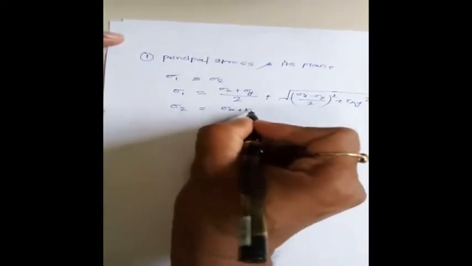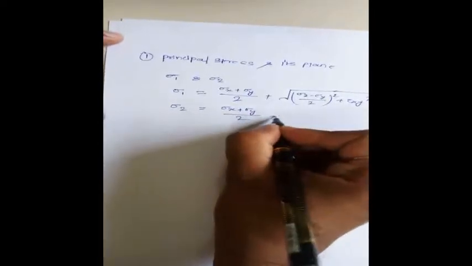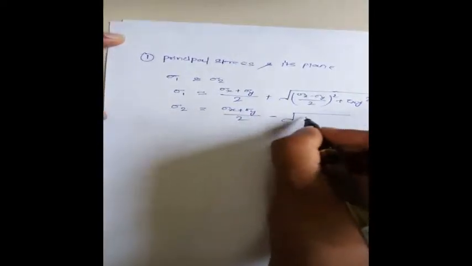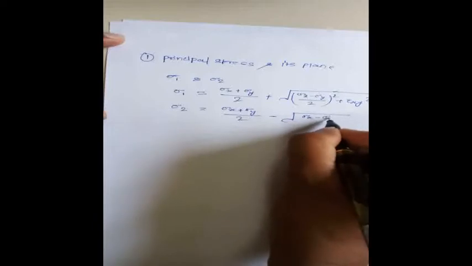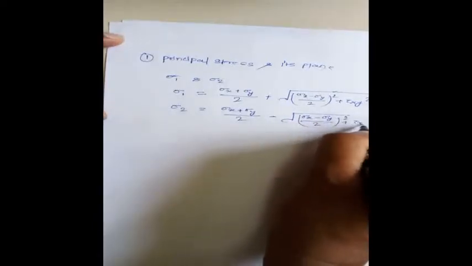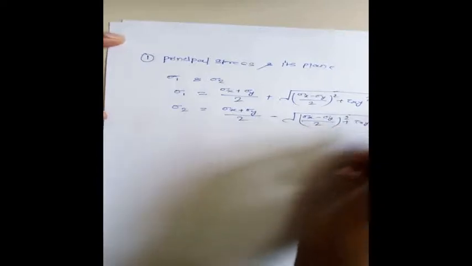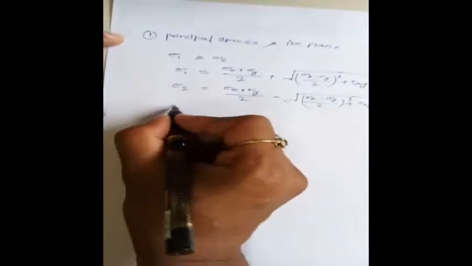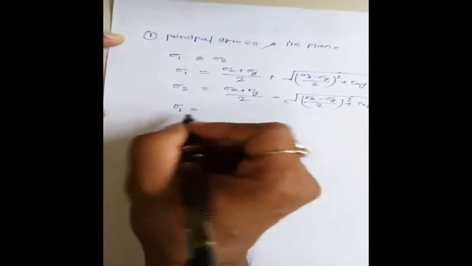Similarly the minor principal stress we can write with the negative sign for the root. Now we can put the values here, and we will be able to find the major and minor principal stress values.